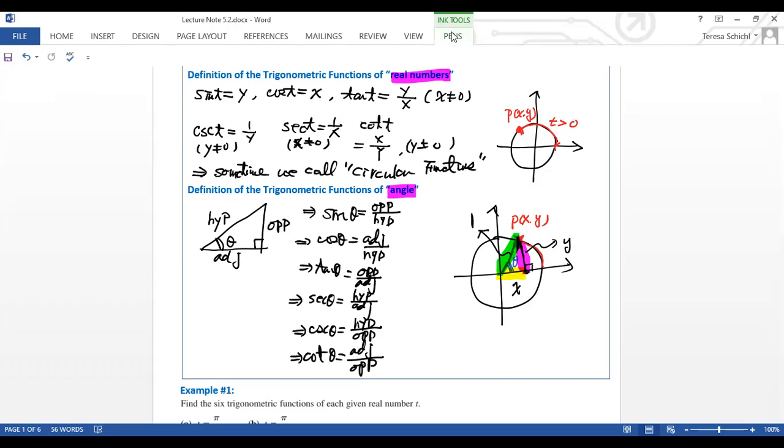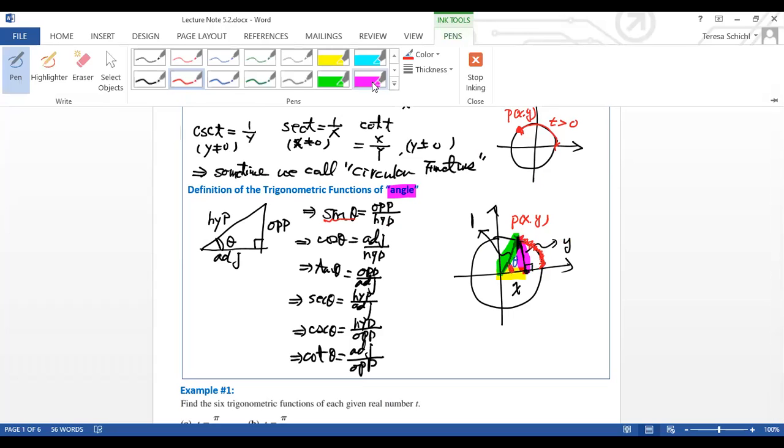So basically, T equals this central angle here, right? So that's why let's take a look at the sine theta based on the angle. Sine theta is opposite over hypotenuse. So its opposite is Y, so let me put a color coding.